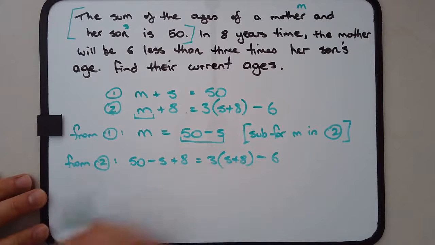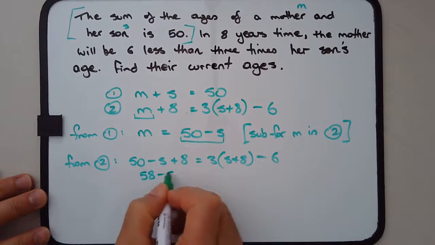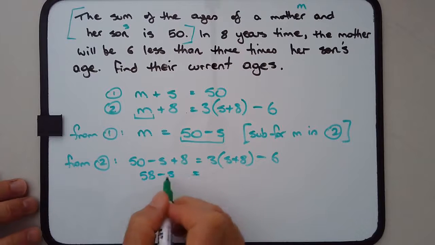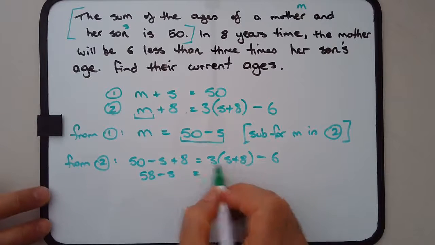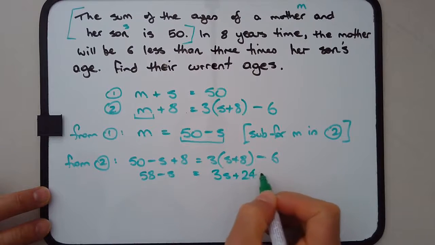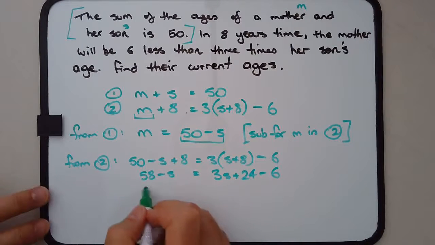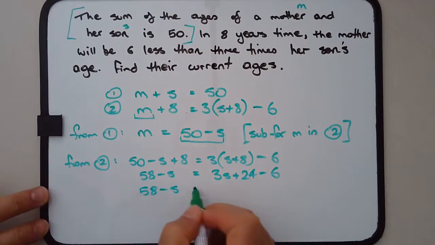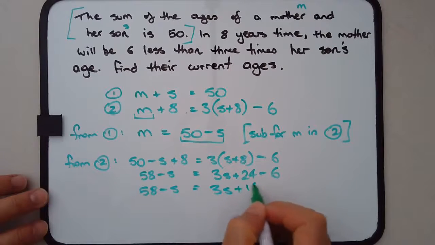Let's clean it up a little bit. 50 plus 8 is 58 minus S. Write your S's neat and tidy, please, because sometimes if you don't, the S will look like a numeral 5. Let's expand the brackets here. So we've got 3S plus 24 minus 6. So 58 minus S is equal to 3S plus 24 minus 6, which is positive 18.